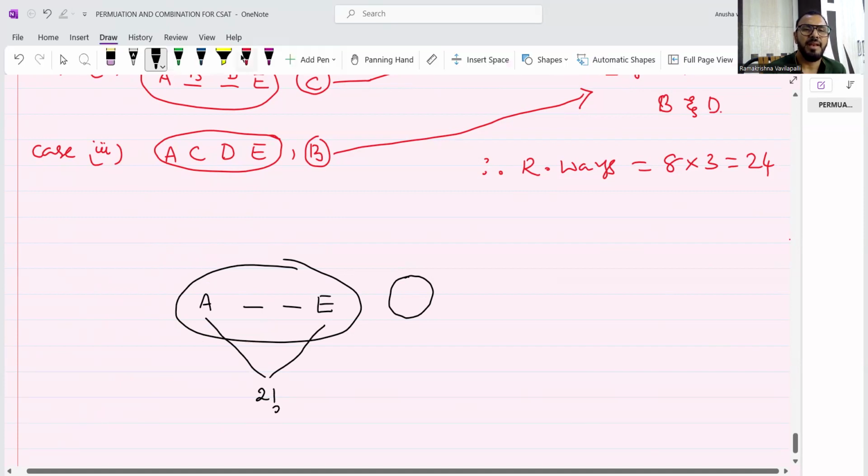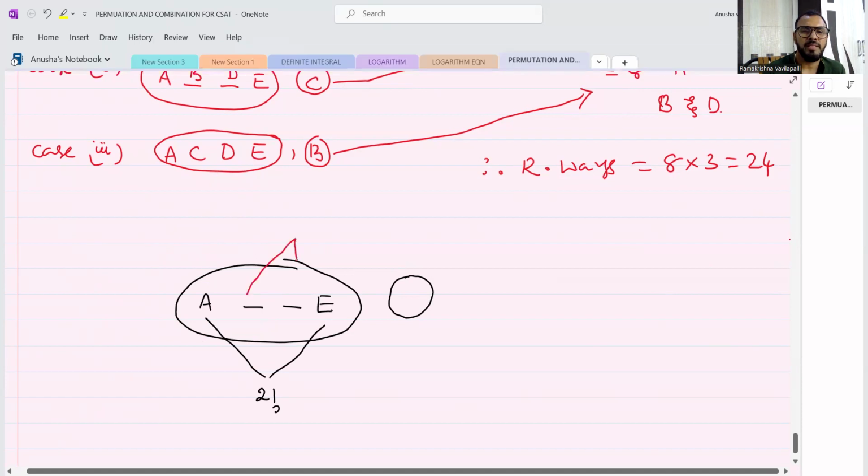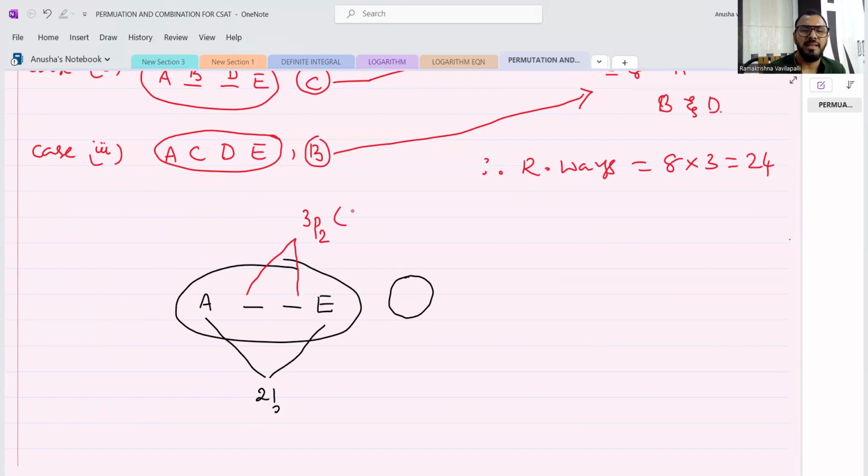Now these 2 places with the remaining 3 letters B, C, D can be arranged in 3P2. Out of 3 letters B, C, D, arrange 2 letters here, 3P2. The number of permutations of n dissimilar objects taken r at a time. Here, the 2-letter permutations between A and E, and this is another letter, whatever it may be. Now these two circles can be arranged in 2 factorial ways.